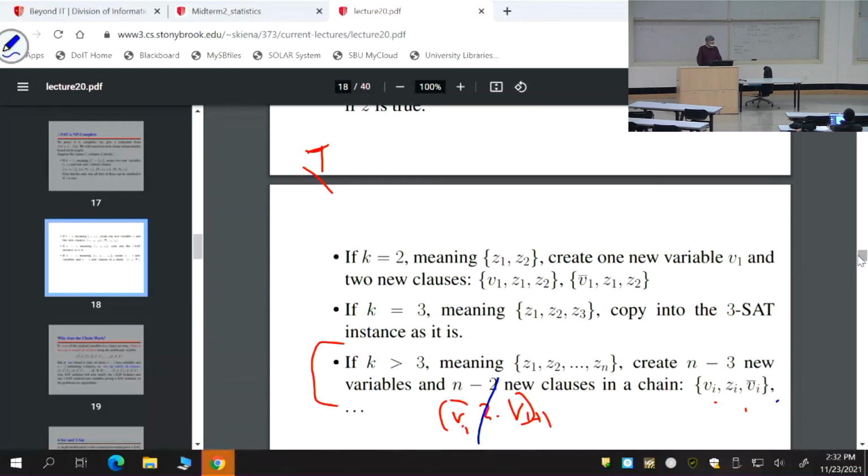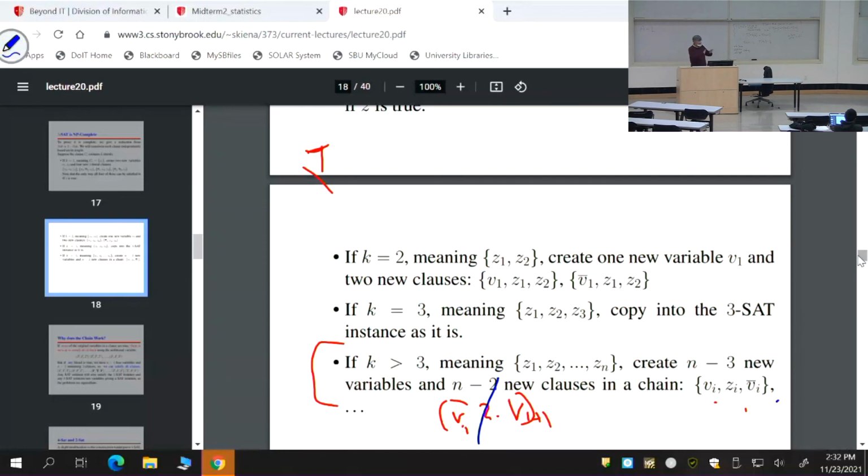In fact, this idea works for 4-SAT, 5-SAT, 6-SAT. It doesn't work for 2-SAT. Can anyone come up with an idea why we can't prove that 2-SAT is as hard as 3-SAT? It's because 2-SAT isn't hard. There is a fast polynomial algorithm for 2-SAT, it turns out.